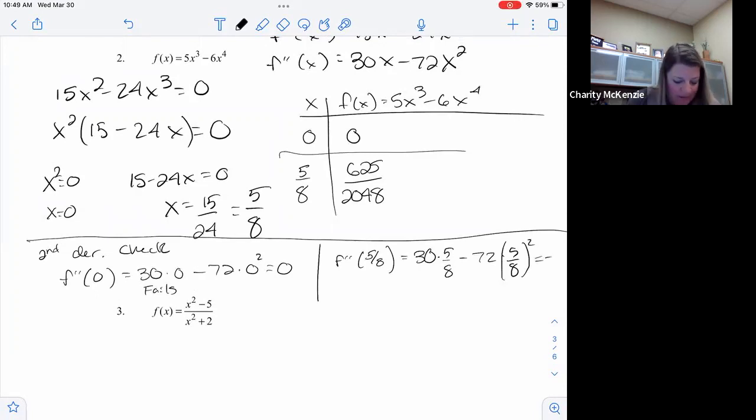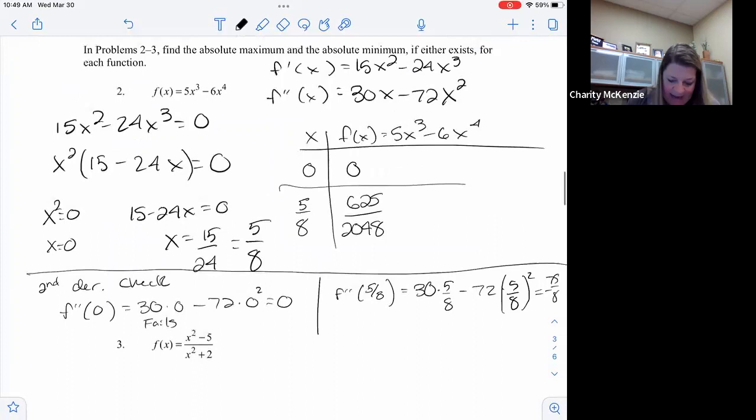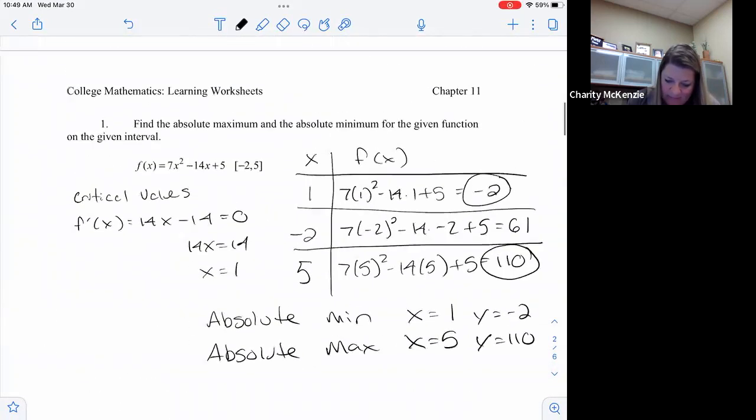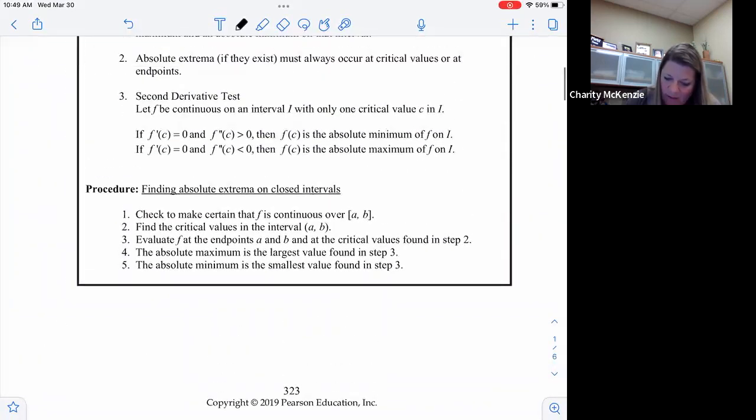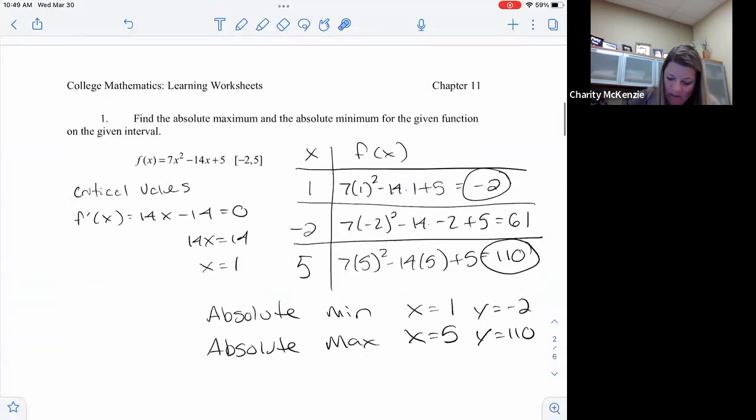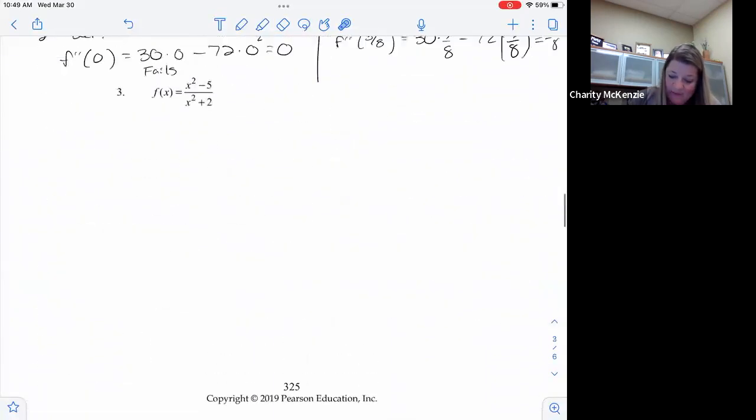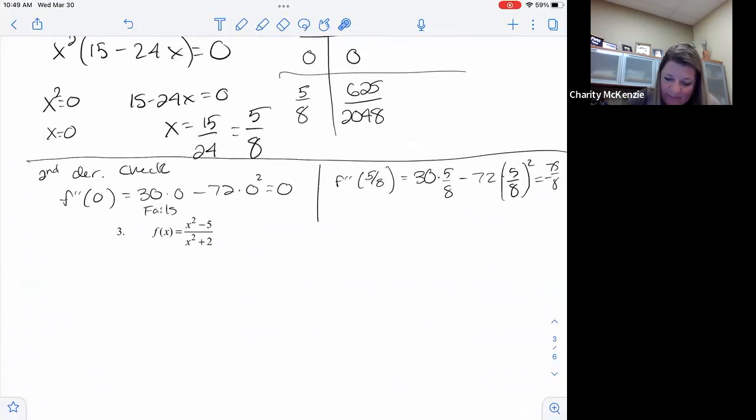I don't really care what it is. It's negative 75 over 8. So a negative. Let's go up and see what that tells me. So from here on our rule is if you're less than 0, it is a maximum. Okay, absolute maximum. So we have no absolute min and we only have an absolute maximum.